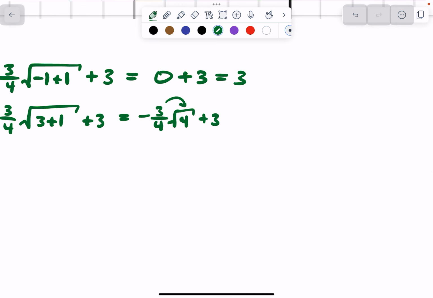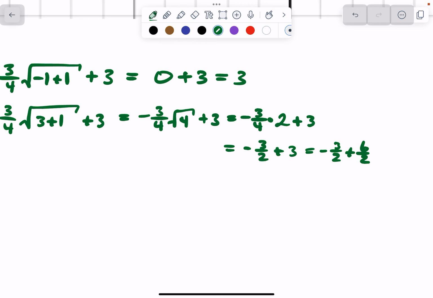That's just PEMDAS: P, parentheses, also works for square roots. Square roots count as parentheses. So the square root of 4 is 2, and then we get this plus 3. So we get -3/2 plus 3. Okay, so this is -3/2 plus 6 over 2, and that gives us 3 over 2.